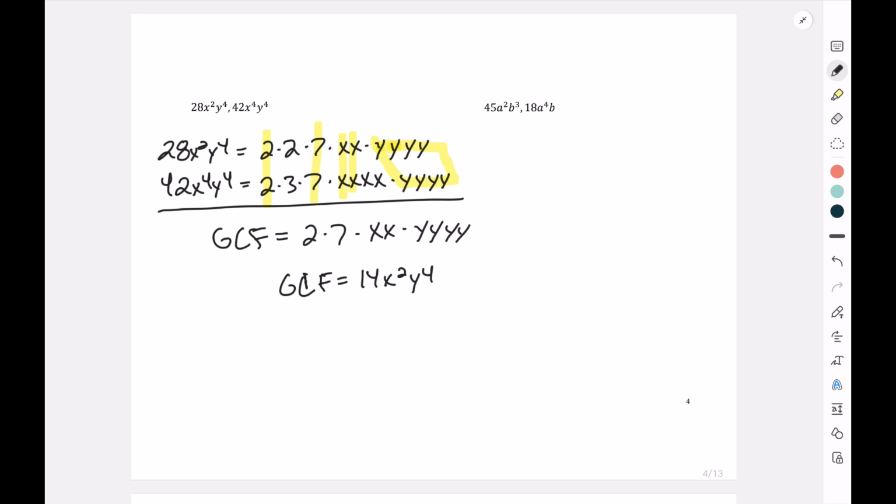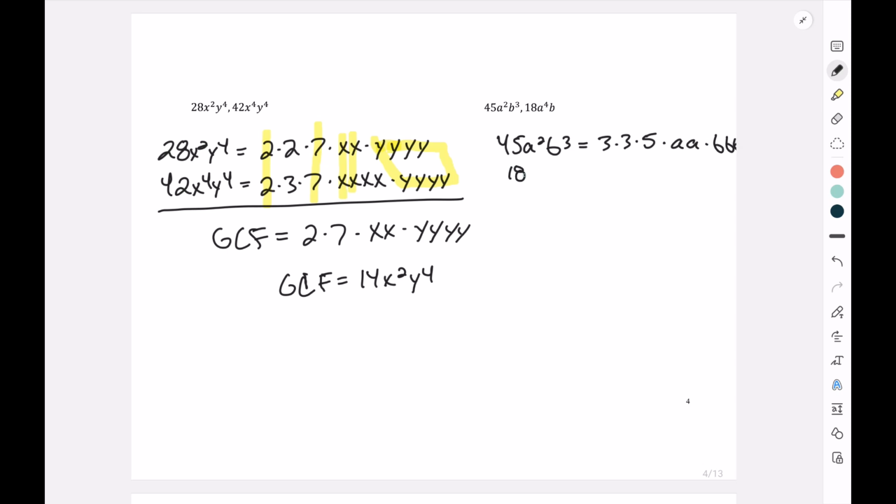For the next one, we have 45a squared b cubed and 18a to the 4th b. And so we want to do the same thing that we did in the first one: list it out, find out what's in common, and bring it down, and that would tell us what our greatest common factor between those two terms would be. So for 45a squared b cubed, we would have 3 times 3 times 5 times 2 a's times 3 b's.